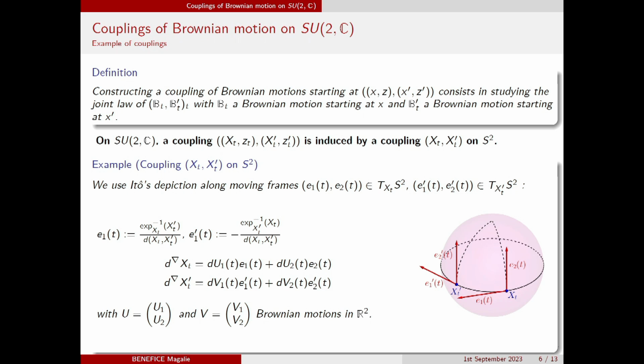And for E1', which will be the first part of the basis for this point, I will take the parallel transport of the vector. And I will just construct the two other vectors such that we have an orthonormal basis. So now I have this description, and I will be able to do Itô calculus on this, adapted to Riemannian manifolds, and then compute the distance between the two Brownian motions, for example.